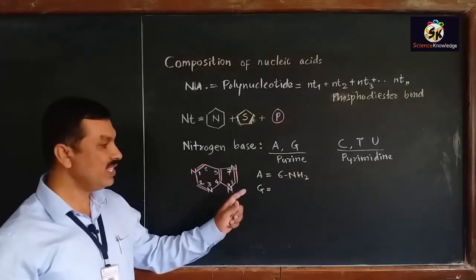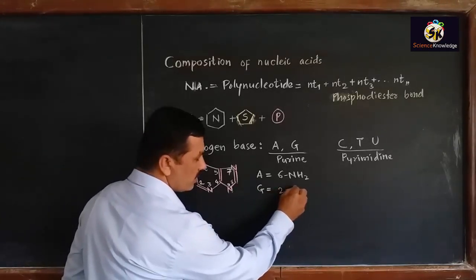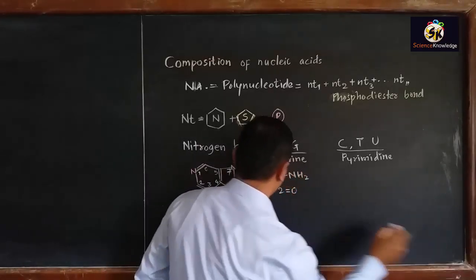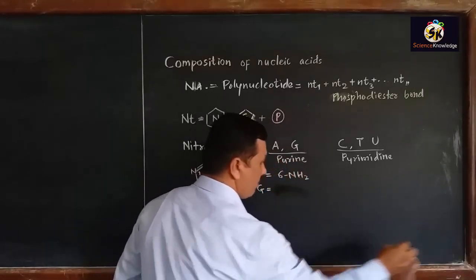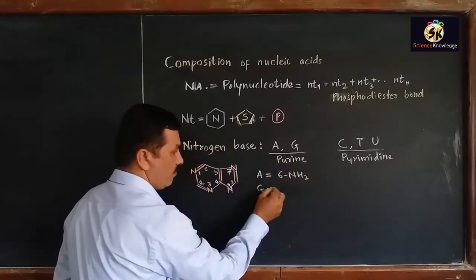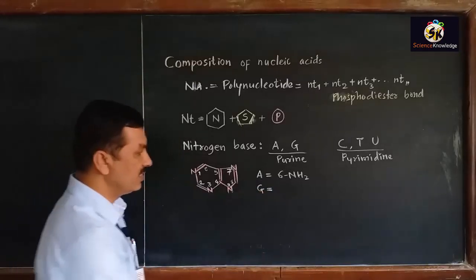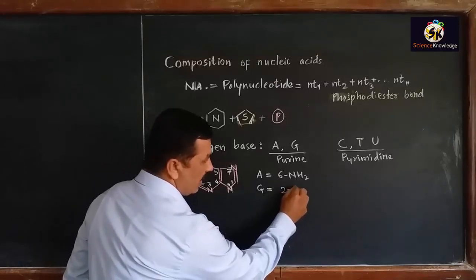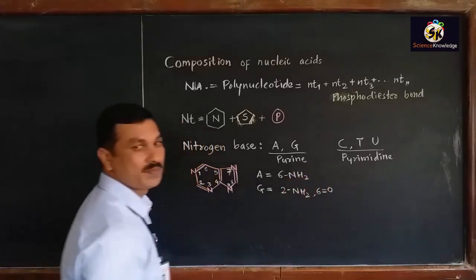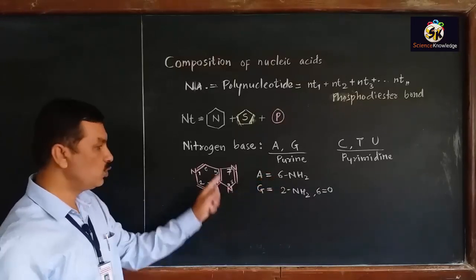Whereas for guanine, the additional groups are 2-NH2 and 6 double bond O. Now let us see how we can add these additional groups to the basic structure.